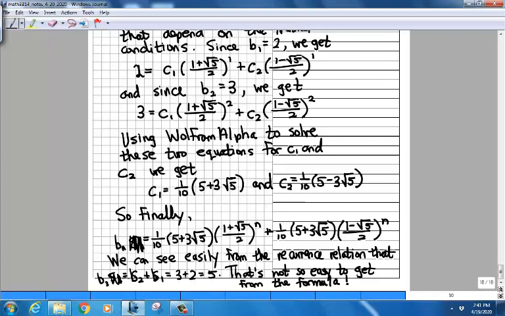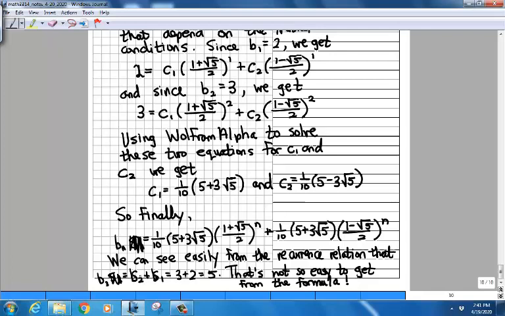So b sub 3 is 5. That means there must be 5 bit strings of length 3 that do not contain 0, 0 in them. So it's easy to compute b sub 3 from the recurrence relation, right?